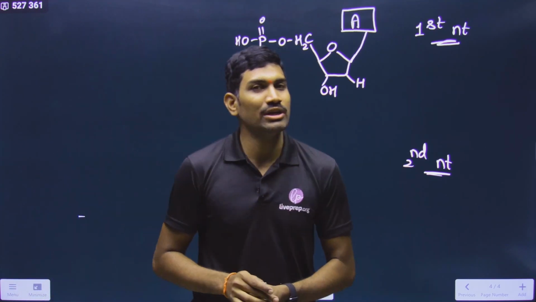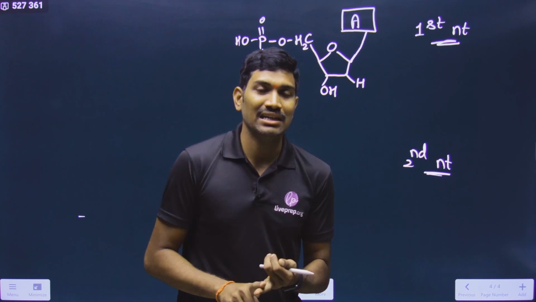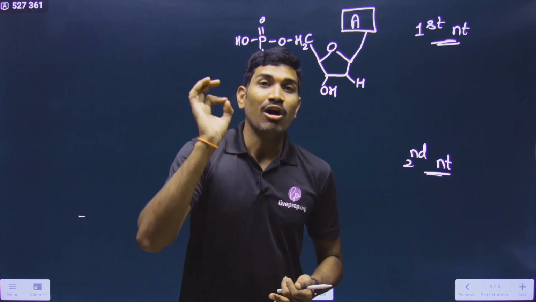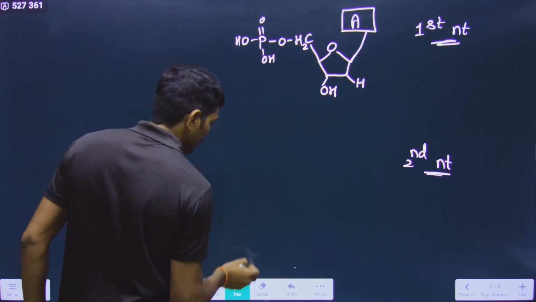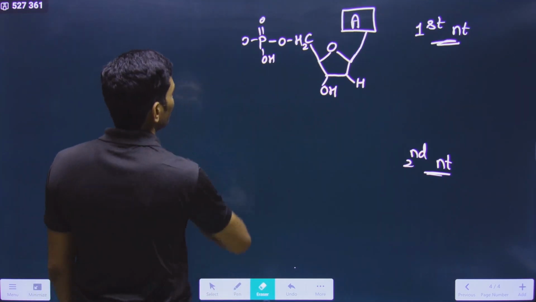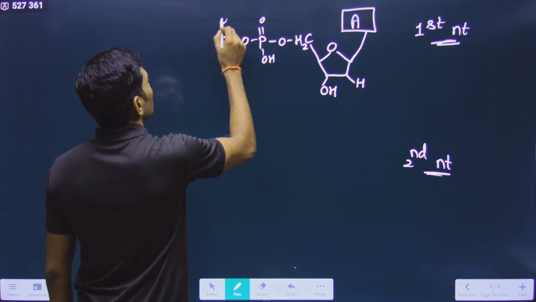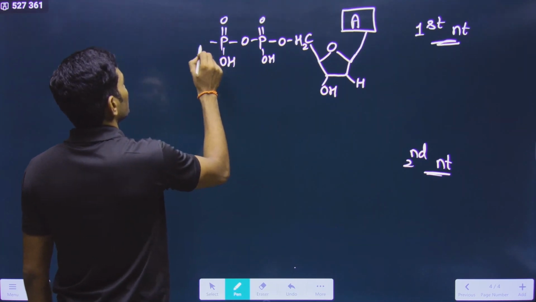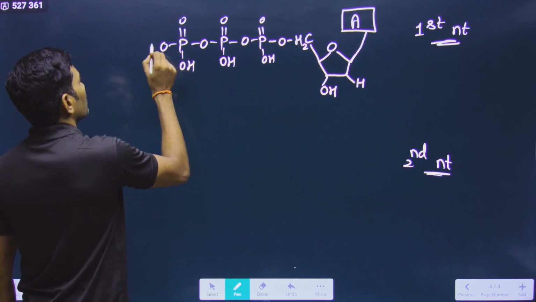This information also I told you. But please remember, whether it is for RNA synthesis or DNA synthesis, always three phosphates are required. So that's why here it is not a single phosphate, it should be three phosphates. So in this way, the three phosphates are attached to each other. This is how we are drawing this.